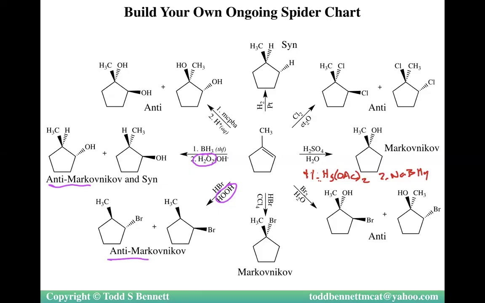And then you might want to note that this could also be Br2 and CCl4. If that's the case, you'll get Brs in place of the Cls. In this one, you could also potentially use EtOH, MeOH, some alcohol, in which case this OH would become the OEt or the OMe.